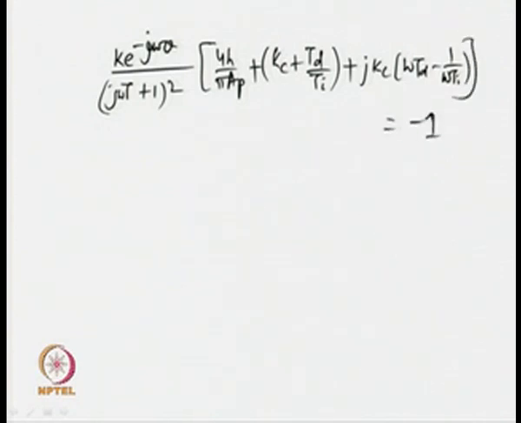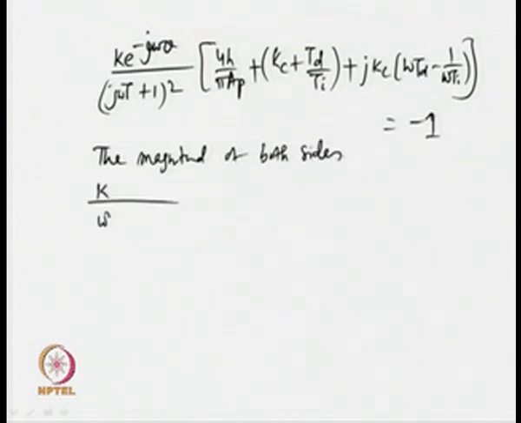Okay. So, now again find the magnitude of both sides. The magnitude of both sides will be K divided by the square root of (omega^2 T^2 + 1), and I will have 4h/(pi a p) plus, why not use some A1 and A2.